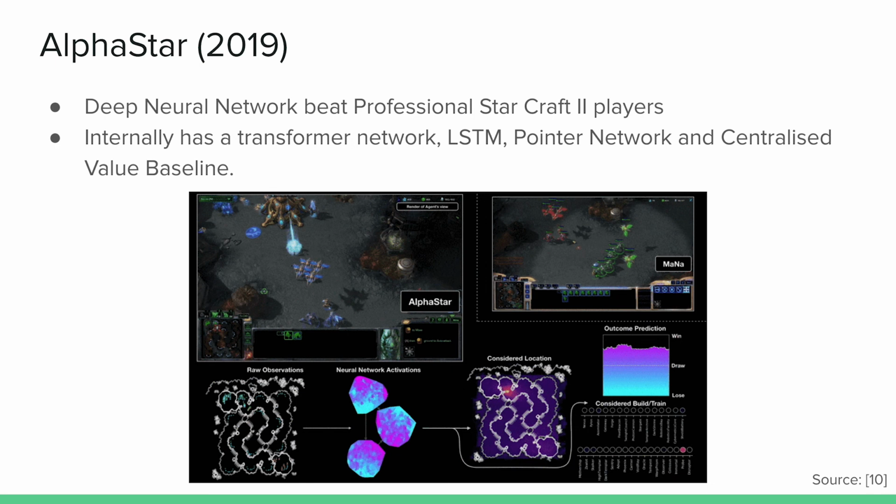One video we've already seen was against the streamer Mana, who's one of the world's best players in this game. And the network was able to beat him consistently. I think Mana won only one game, and he exploited some bug where he lured the enemy to go up and down, following one unit, and while the computer was following the player's unit, he was able to destroy the enemy base and therefore win the game.